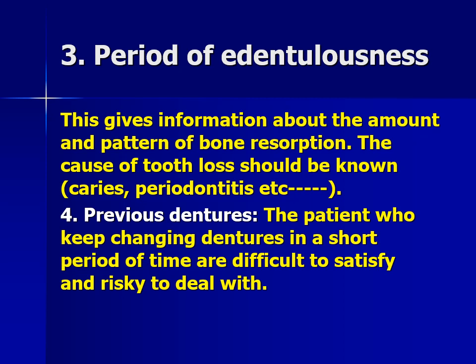Also, previous dentures. You should know how many dentures the patient has kept. You know that a patient who keeps a lot of dentures is difficult to satisfy and risky to deal with.